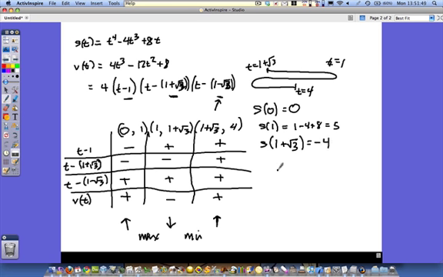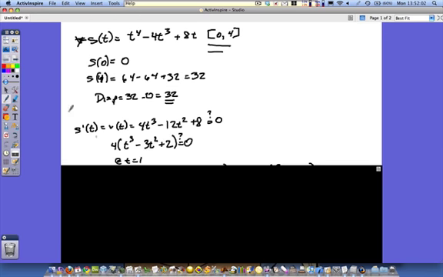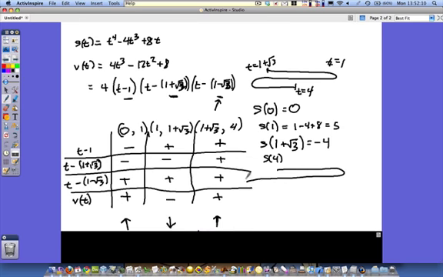So the particle goes from 0 to 5, 5 to negative 4, and then S of 4, I already found out from the last screen, was 32. So it's going to back up, and then it's going to go forward to 32. So here it starts at 0, goes to 5, then goes to negative 4, goes out to 32.